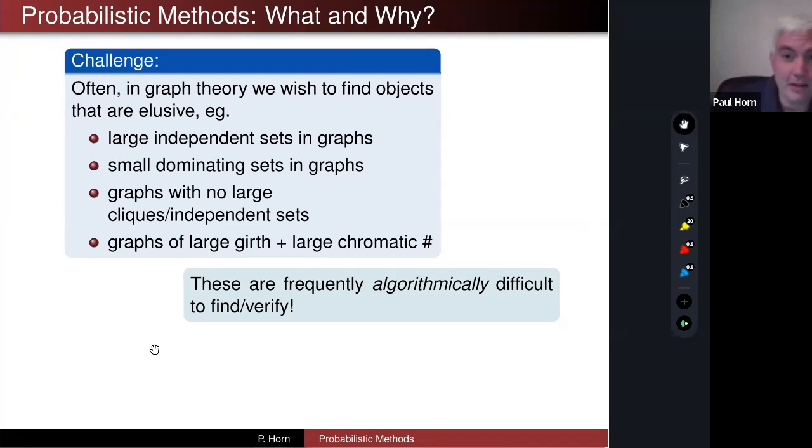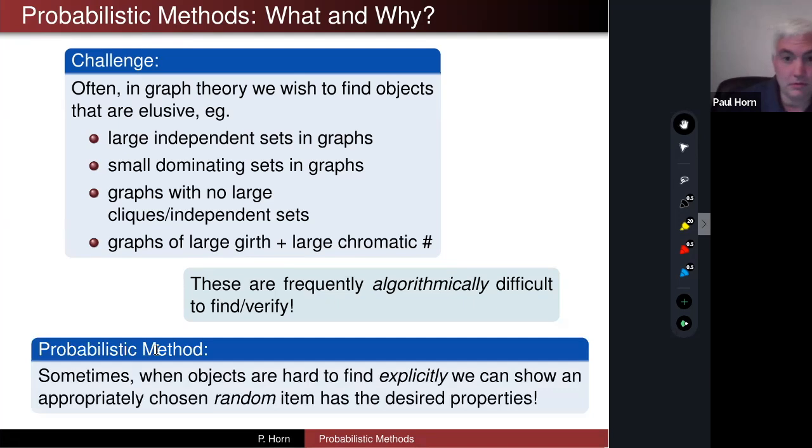And often, even if I'm presented with a graph and with a computer, these are algorithmically difficult things to find. Like, it's NP hard to find the smallest dominating set, or the largest independent set, or the largest clique, or the chromatic number. All of these things are very difficult.